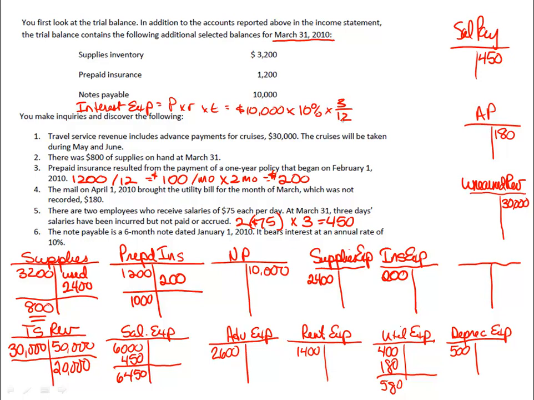So 3 months of interest needs to be accrued. So to accrue that interest, if I do my math correctly, that's $250. So I'm going to debit interest expense $250, since that account does not exist, and I would be crediting interest payable $250.